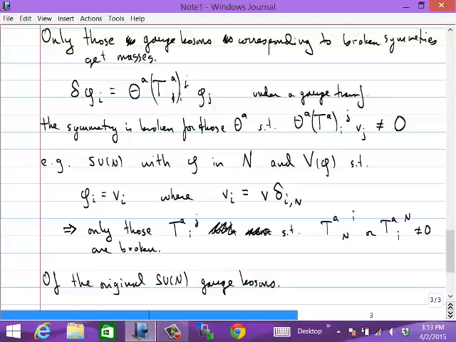So what gauge group does that generate? Well, that's the gauge group SU(N-1). You know, an SU(N) matrix, but if you throw away the last column and the last row, it can be thought of as an SU(N-1) matrix. So of the original SU(N) gauge bosons, an SU(N-1) is unbroken.